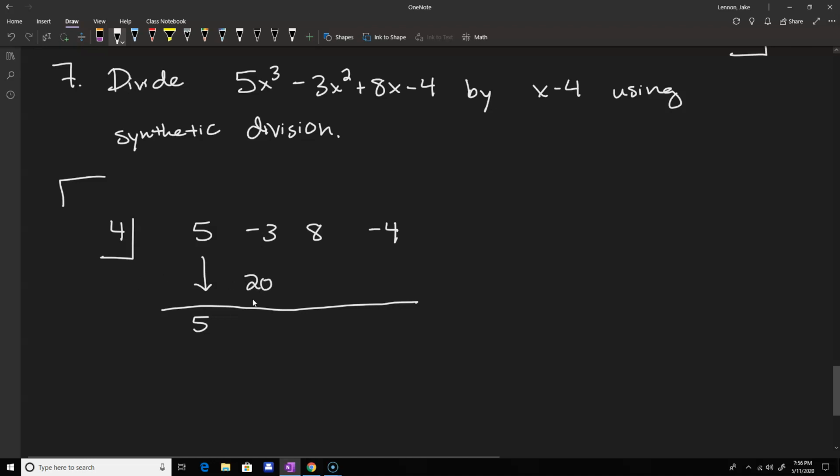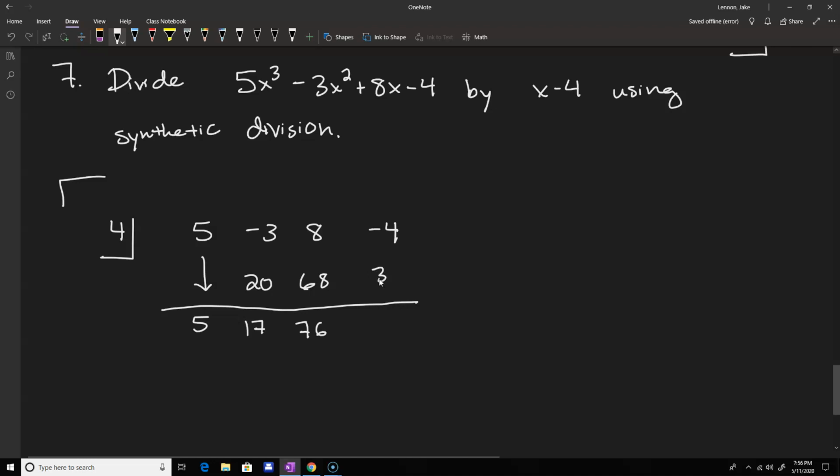Then we add the second column. Negative 3 plus 20 makes 17. We do 4 times 17, which is 68. So then we add that third column. 8 plus 68 is 76. And then we do 76 times 4, which is, let's see, 280 and 24.